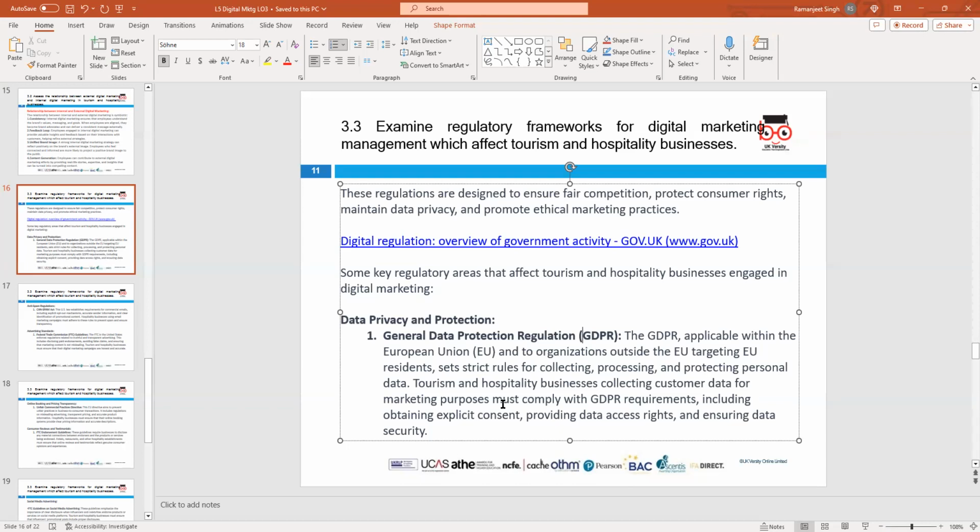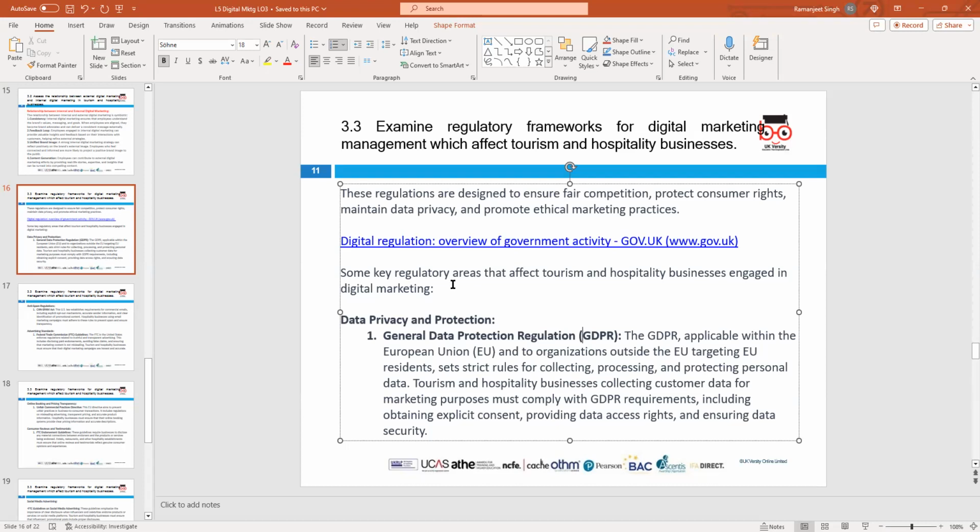You have access, ensuring the data is correct and secured and not sold to third parties for marketing purposes. So under the GDPR, the consumer has a lot of protection. This is a key legislation.